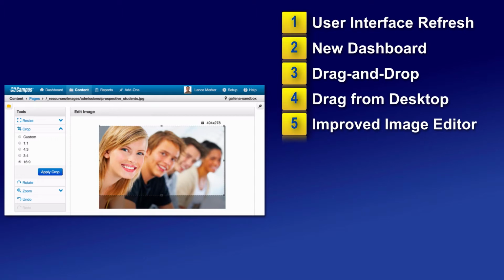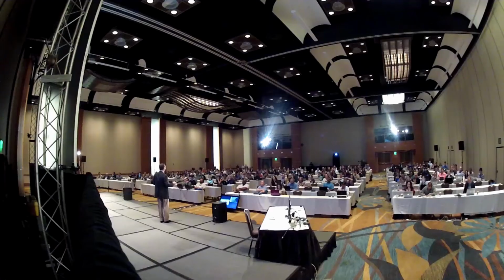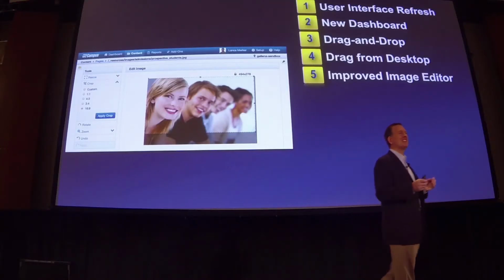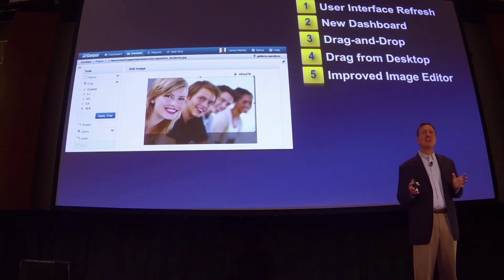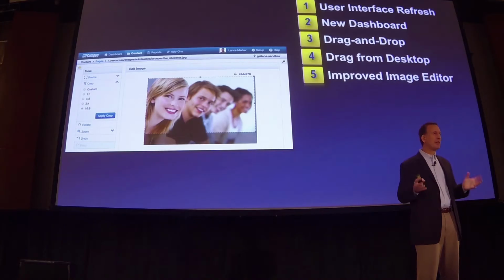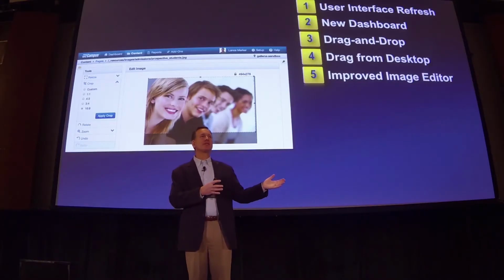Number 5 is the improved image editor. And this is a big one, I know, for many of you. There's no more Java applet. It's all client-side JavaScript. And that's really important because not only is it just fast and responsive, but as you bring a file in, let's say it's a 4 megabyte image that you took a photo of, and you drag it in there and you start to resize it, it's not going to upload it to the server first.